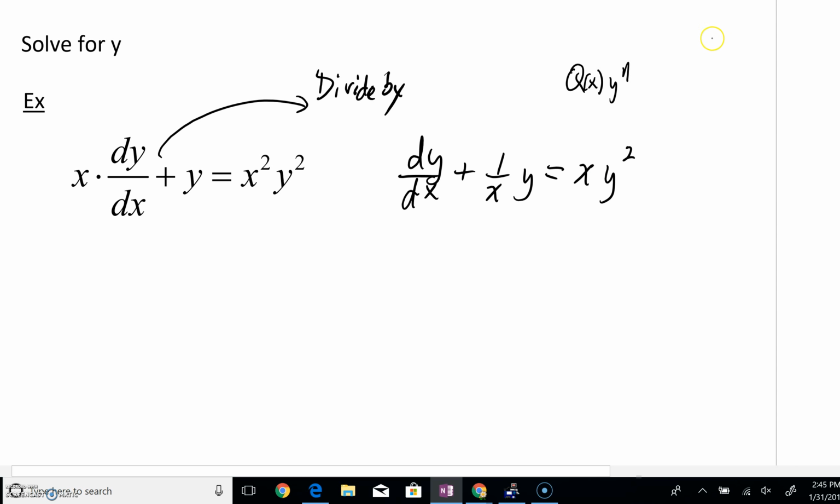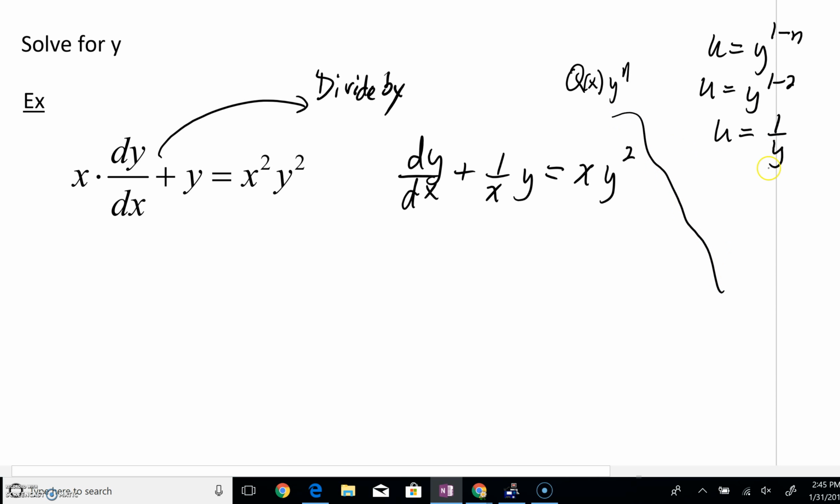And you can see this is now in a Bernoulli form. So we're going to let u equal y to the 1 minus n. In this case, we have y to the 1 minus 2. So u is going to be y to the negative 1, or 1 over y. And I'm going to actually solve for y. I'm going to multiply both sides by y, simultaneously divide by u.